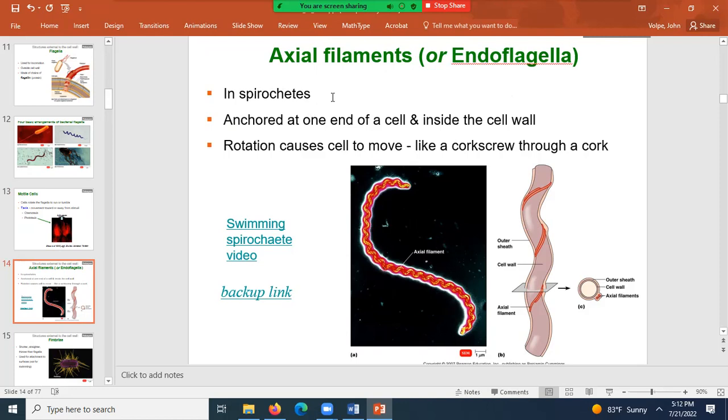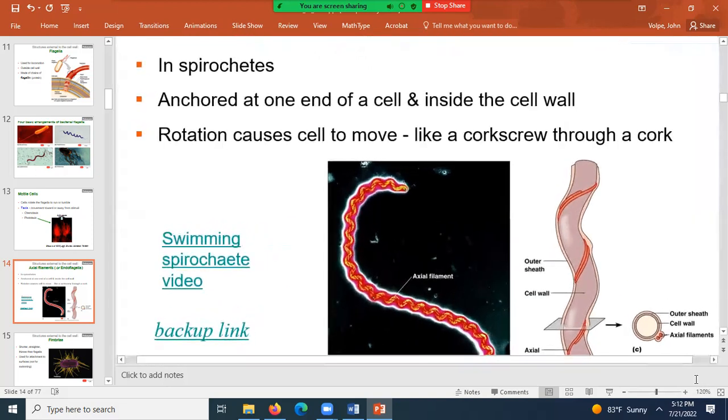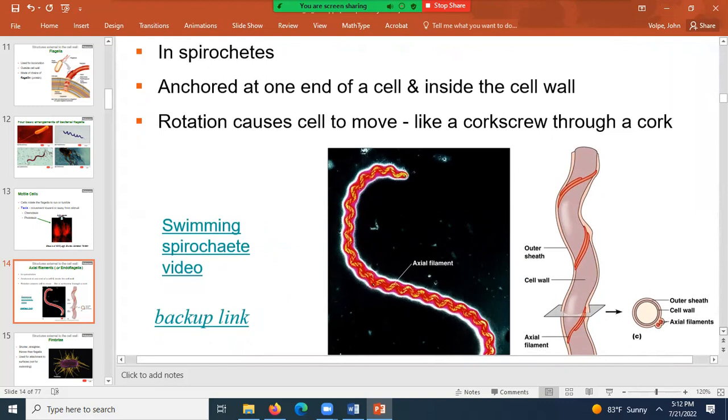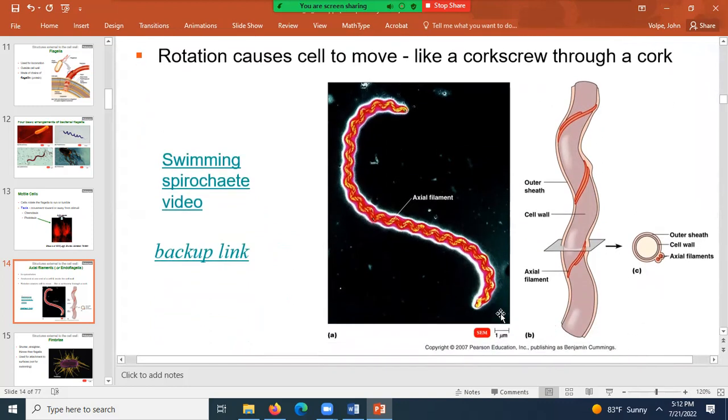The flagella is anchored at one end of the cell inside the cell wall, and the flagella is inside the cell wall entirely. So here, I don't know if you can see it attached to the cell here, and it wraps around the cell. And this is an artist's rendition where the flagella rotates around the cell.